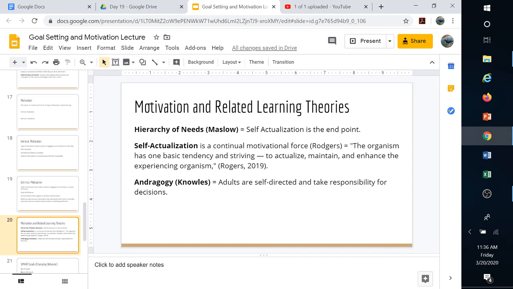Motivation and how it's related to learning theories. So we talked about Maslow's. Meeting those lower needs, self-actualization would be the end point, according to Maslow. Rogers has a different idea on self-actualization, meaning that you're always striving, always trying to maintain, enhance the experience. So Maslow has self-actualization at the top point. You've achieved your goals, right?